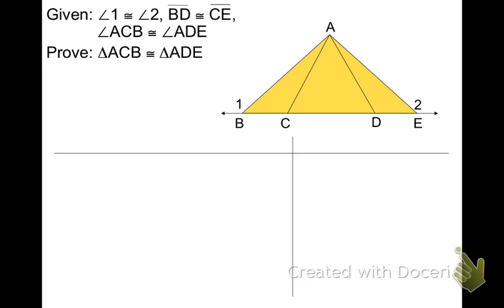Okay, here's a similar scenario, but a little bit more complicated setup based on what's given. We've got these exterior angles 1 and 2 congruent. We've got segment BD congruent to, so here's segment BD right here, segment BD is congruent to segment CE. So we're actually starting with this as our given. And angle ACB congruent to angle ADE.